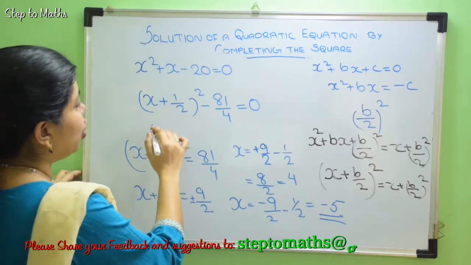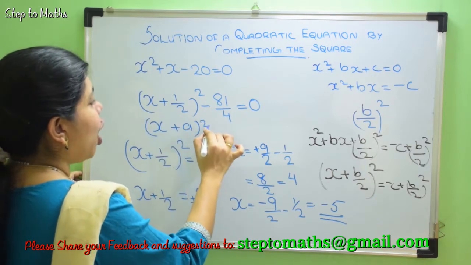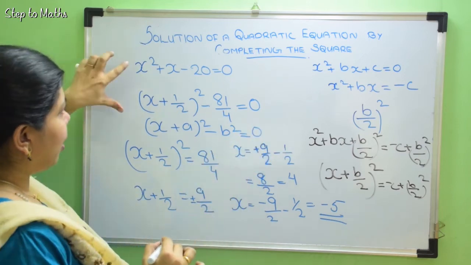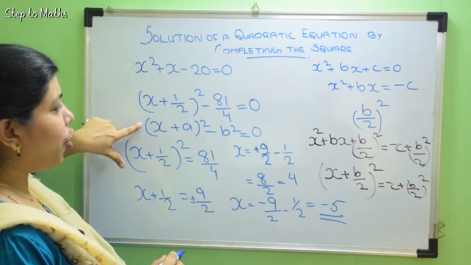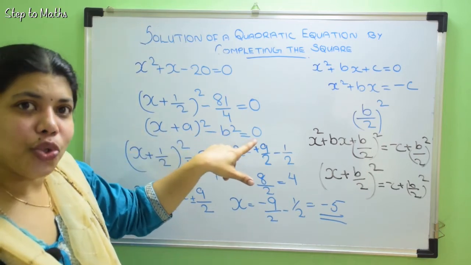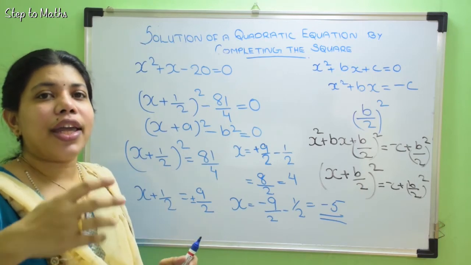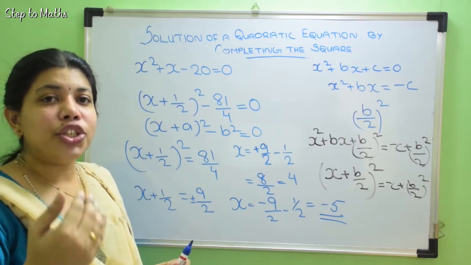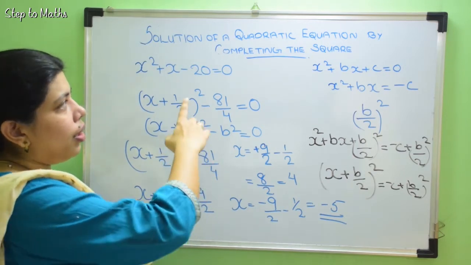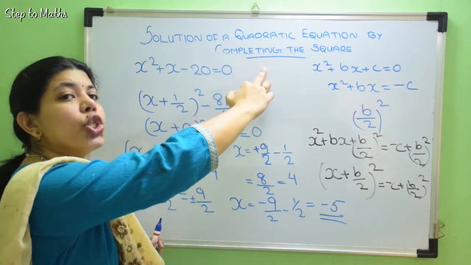That we converted into (x plus a) the whole square minus b square is equal to 0. That means any quadratic equation can be converted into this form. That is the concept we use in the completing the square method.